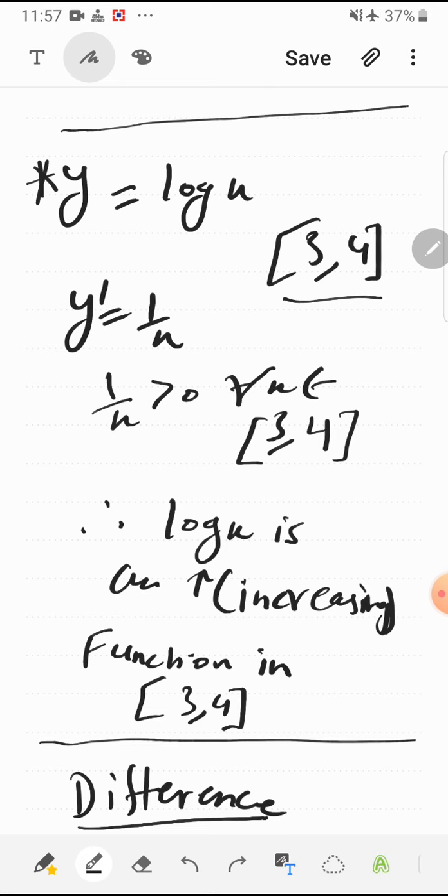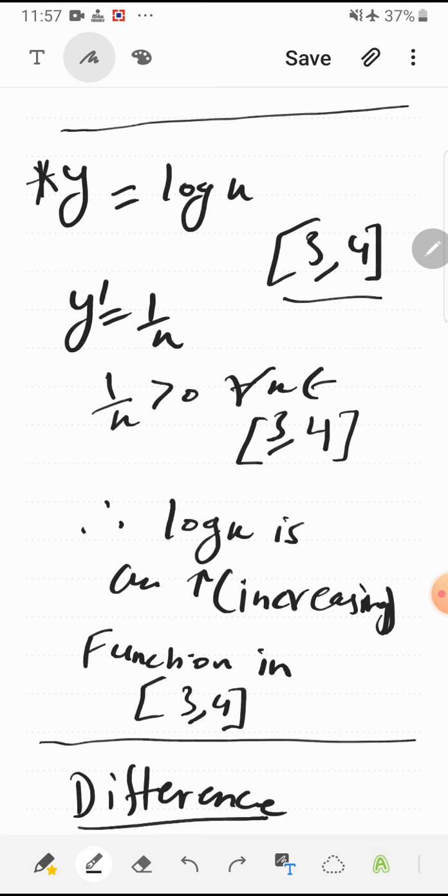Students, remember one thing, that a function is increasing means we put a greater value of x and we get a greater value of y. This is the definition, and we have derived that its derivative should be positive. Now after that you should not apply any other theory.